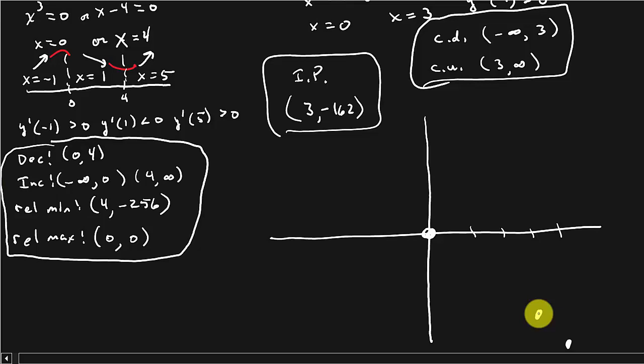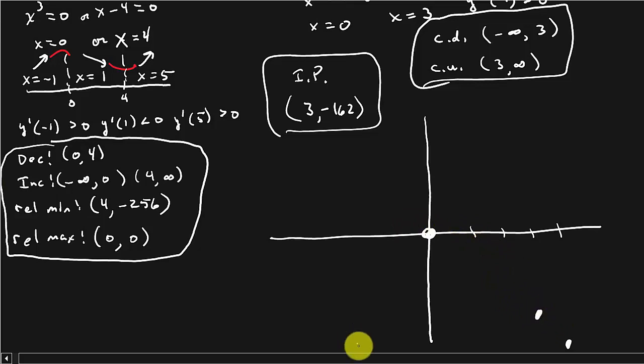Okay. So now let's look at this. From negative infinity to 0, it's increasing. So it's increasing to here. And then it starts decreasing when it hits 0. And then when it hits 4, it starts increasing again. But keep in mind that it's concave down all the way till we get to 3 here.